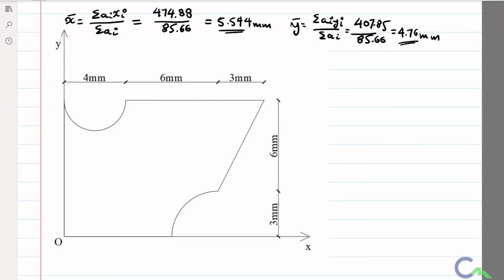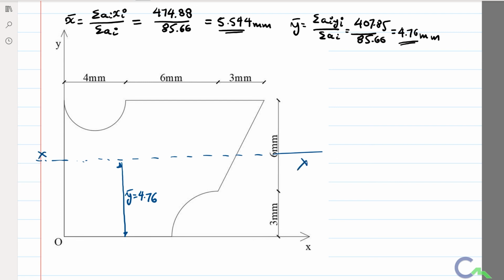After that we have to show it in the figure. I want to show these values on the final figure. So first I am going to draw the y bar value from the OX axis. Y bar in the vertical direction, we got y bar is equal to 4.76. If I draw the axis, that will be the horizontal centroidal axis.